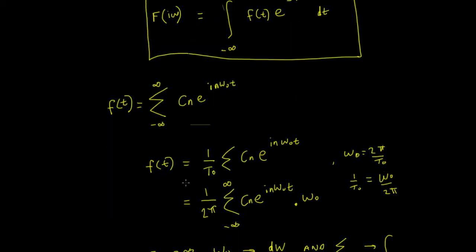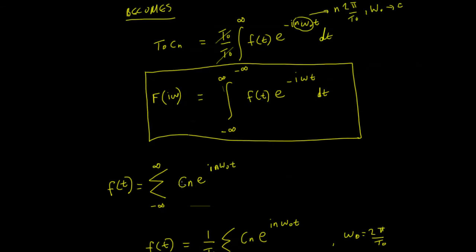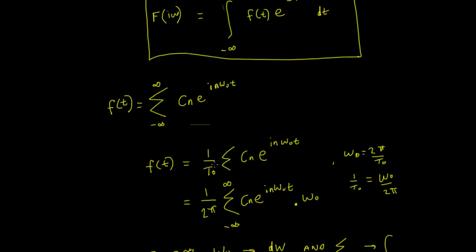So now we're able to say f of t is going to equal, well, instead of dealing with Cn, we're going to be dealing with t0 Cn. So in order to get back to the original function, we'd have to divide throughout by t0, so you're going to end up with 1 upon t0 times this here.